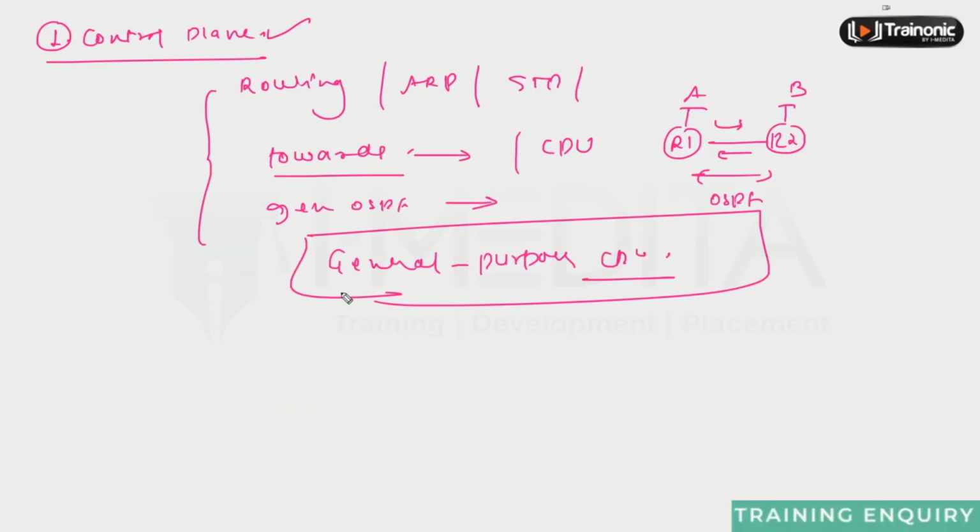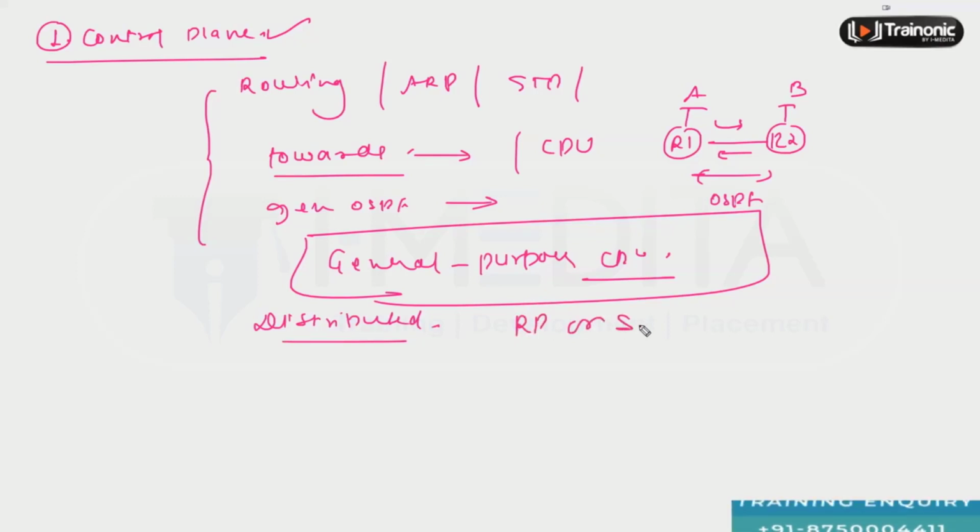We do have some devices that follow distributed architectures. In distributed architecture, we have something called a route processor, or we call it a supervisor engine, which is responsible to do all this CPU intensive task.